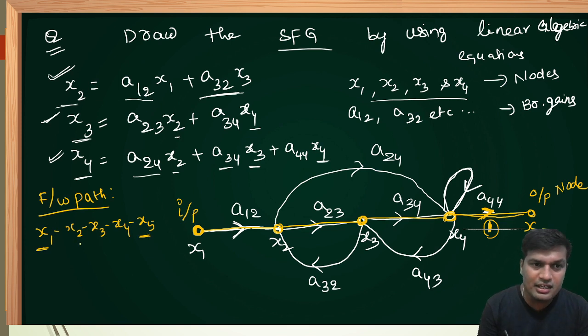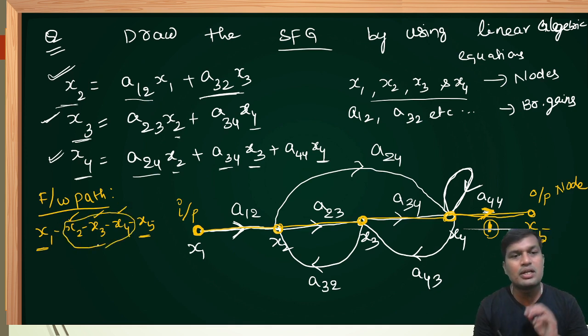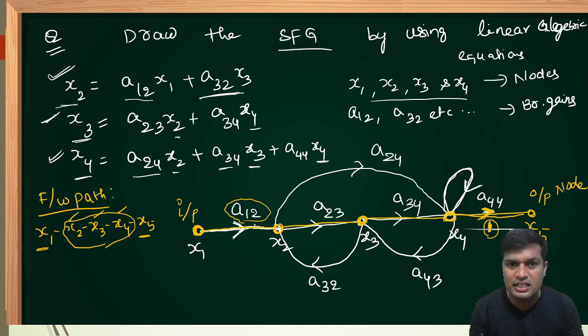And internally, how many nodes are there? x2, x3, x4. These three nodes, no node is repeated more than once. Therefore, it is a valid forward path. And one more thing, dear friends, from x1 to x5, as all these branch gains are in cascade, multiply all these branch gains, that is a12, a23, a34. This a44.